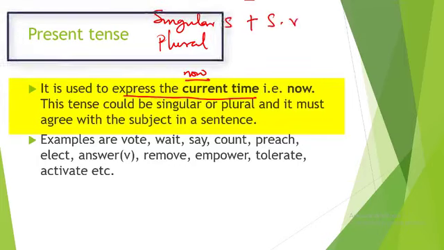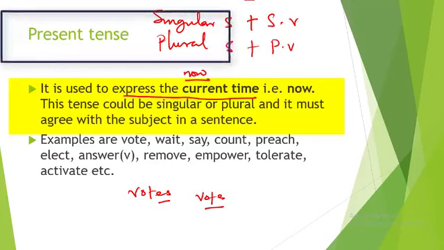Votes is a singular present tense. Vote is a plural present tense. That is, it only agrees with subjects that are plural. They vote.